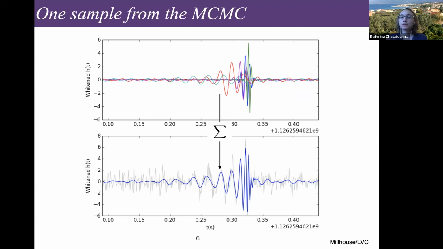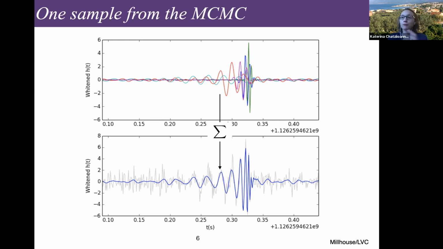At the top, you see the different wavelets colored with different colors, and there's 4 or 5 of them, I believe. Each of them individually looks nothing like a gravitational wave signal, right? It doesn't look like a binary black hole merger, but when you sum them at the bottom, that looks like a typical binary black hole gravitational wave signal. And that indeed was GW150914.